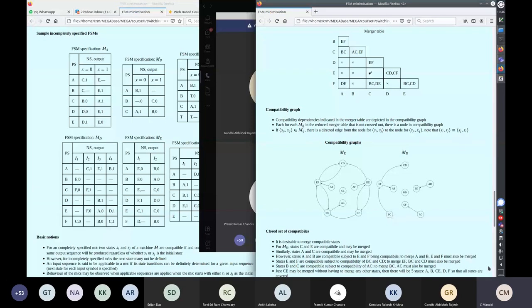Are you able to identify a pair that is missing in this graph? No, sir.